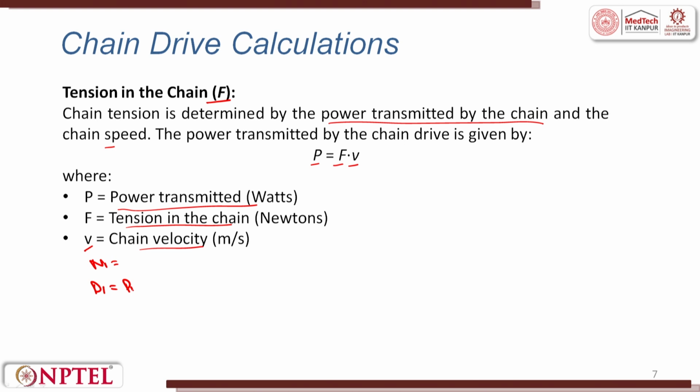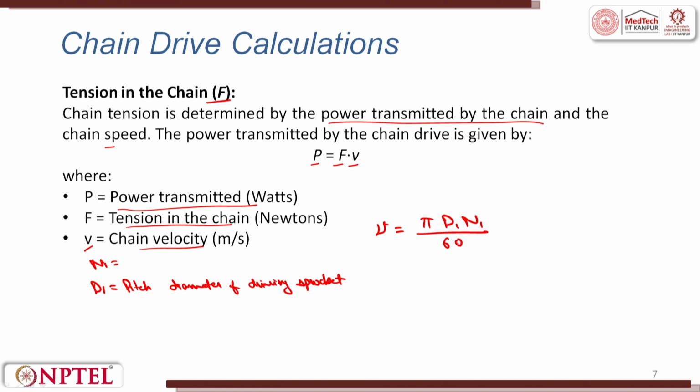D1 is the pitch diameter of the driving sprocket. Then this V, that is chain velocity, could be calculated as pi D1 N1 by 60.